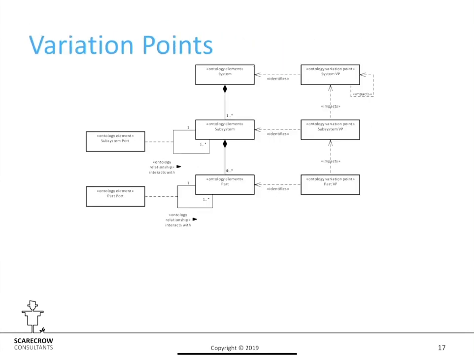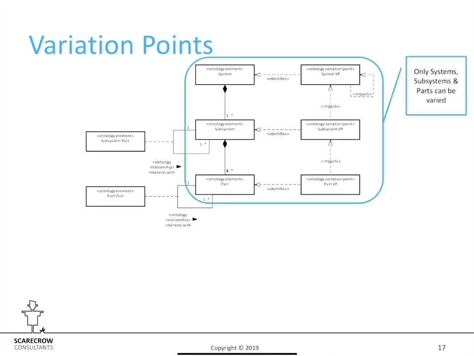The first one is variation point. And variation points are about saying what concepts are allowed to vary. And this is why we say you have to have your ontology defined, because this one actually relates to the ontology.